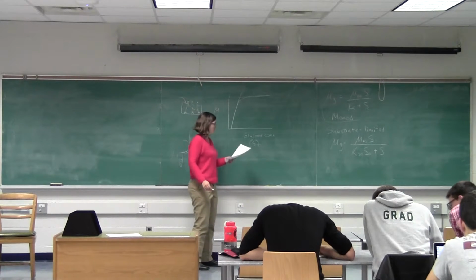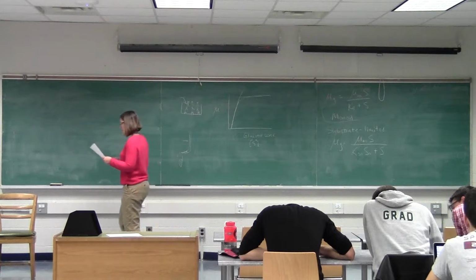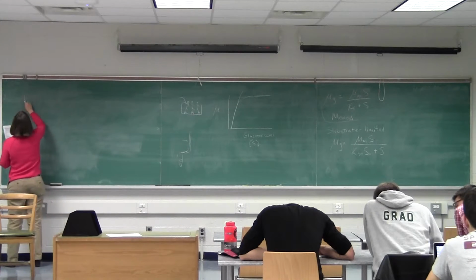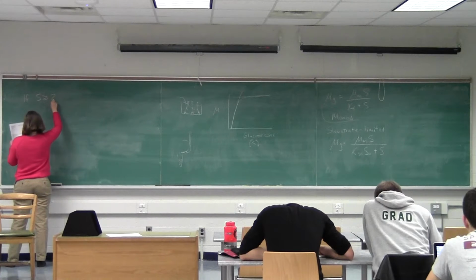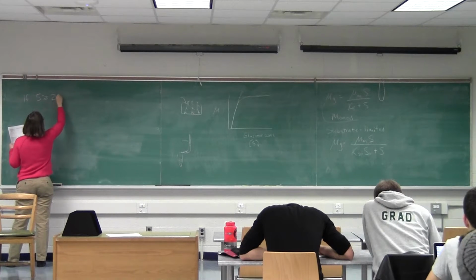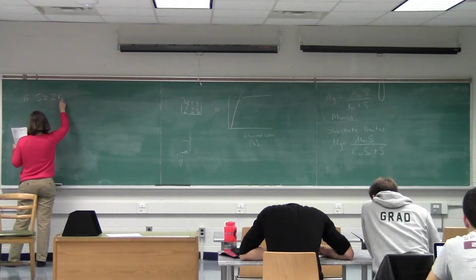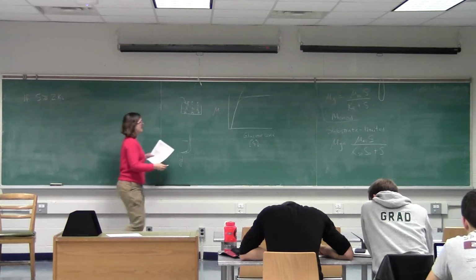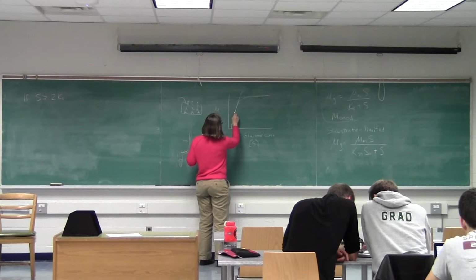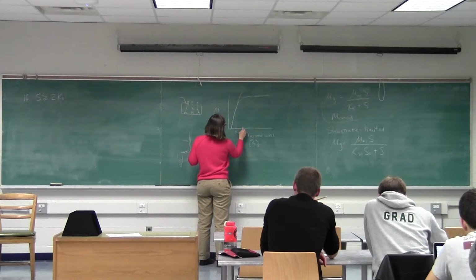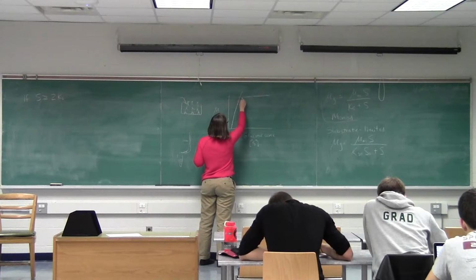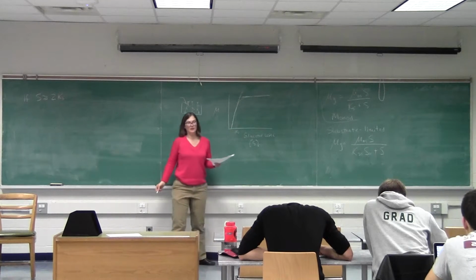Okay? So what they did there is they said, if S is greater than or equal to 2 Ks. So remember, Ks is where you're at half the max growth rate. That's Ks usually. If you double that amount of substrate, then you start using that line.